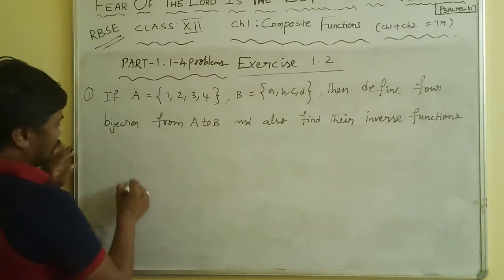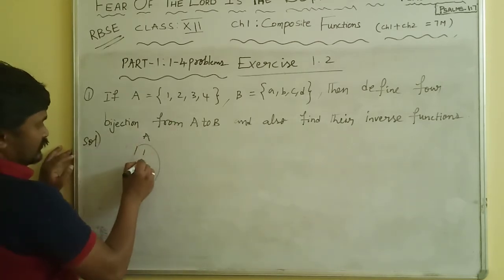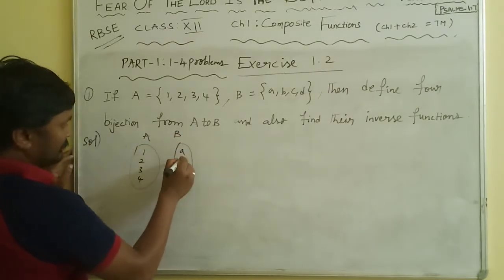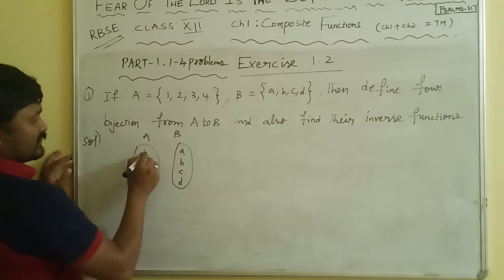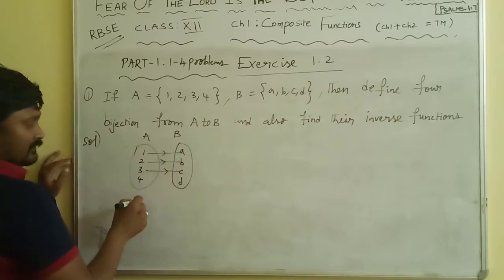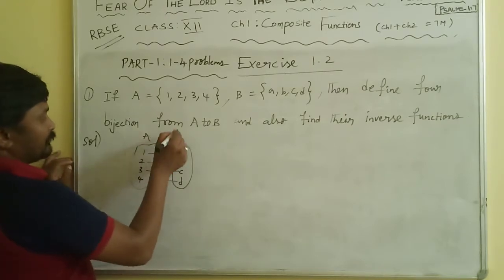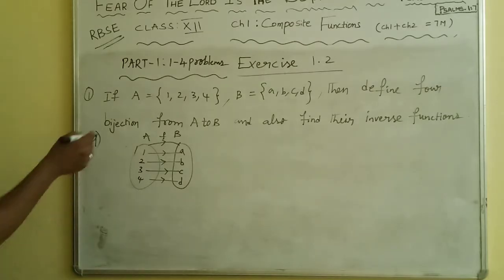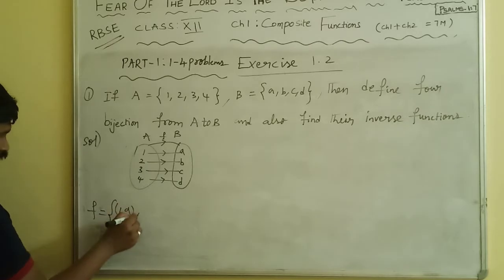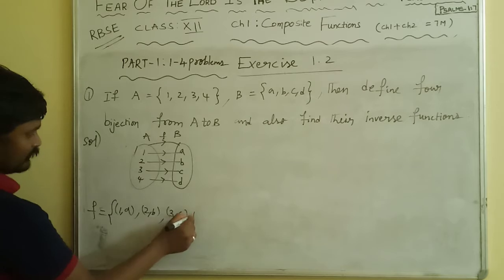First I'll draw capital A, this is our solution: 1, 2, 3, 4, and capital B: A, B, C, D. So 1 is connected with A, 2 is connected with B, 3 is connected with C, 4 is connected with D. So this function is F. F is equal to (1, A), (2, B), (3, C), (4, D).